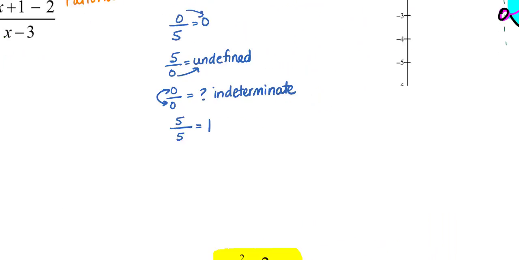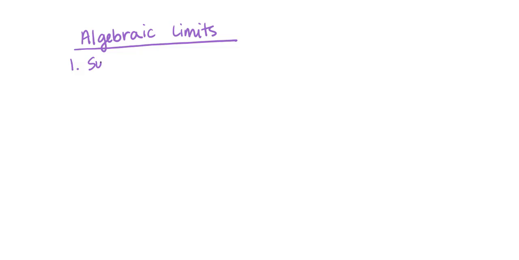So let's make a quick list off to the side of some algebraic techniques that we're going to stay within for algebraic limits. The first technique that we are going to limit ourselves to for algebraic limits within Calc 1 is substitution. Sometimes if I can just substitute that number in, I get a value out.